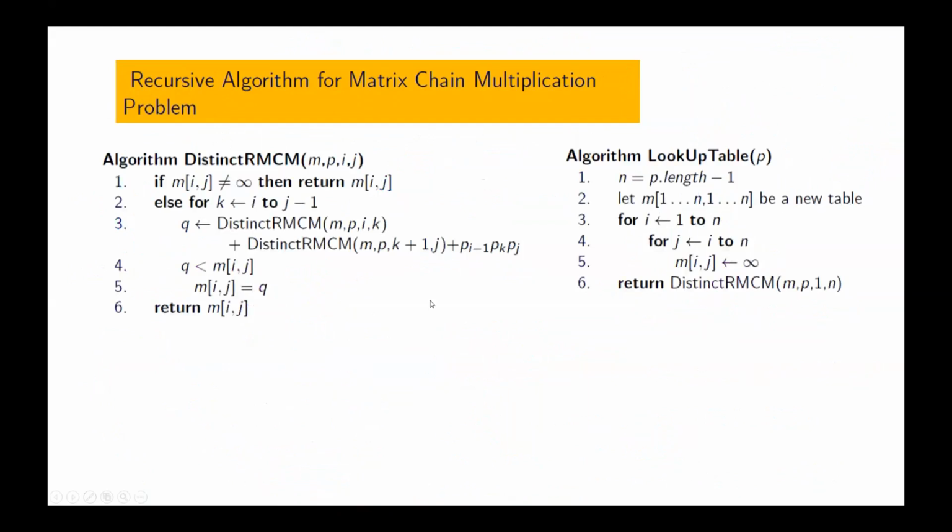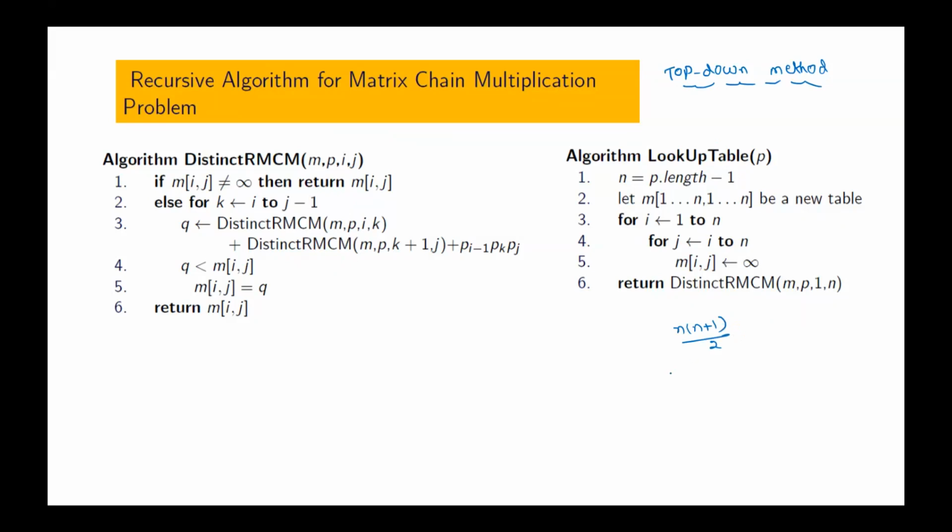Say, for example, this is the top-down method. What is the time this algorithm is supposed to take? N cube time. Initially, all subproblems are unsolved. How many distinct subproblems do we have? n into n plus 1 by 2.